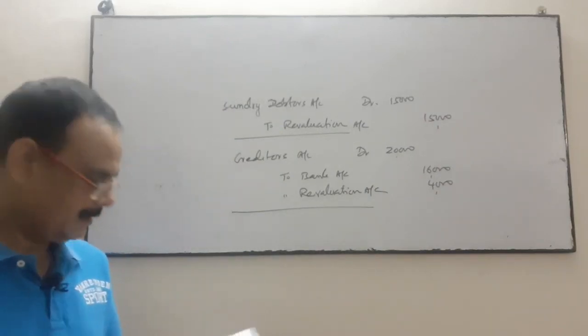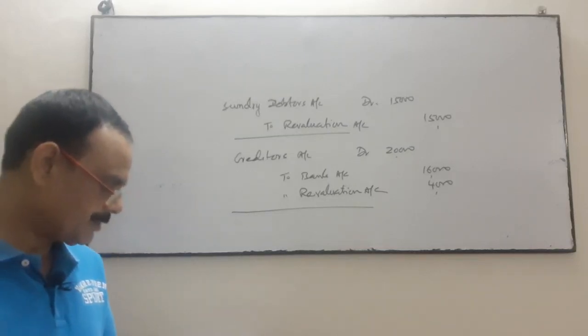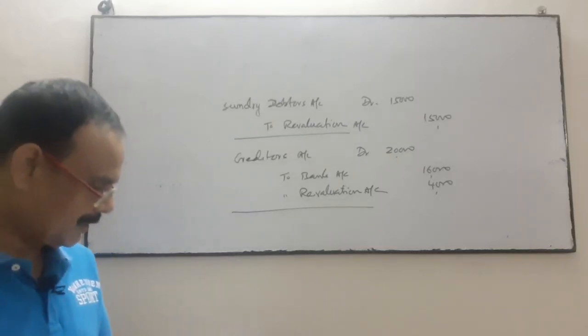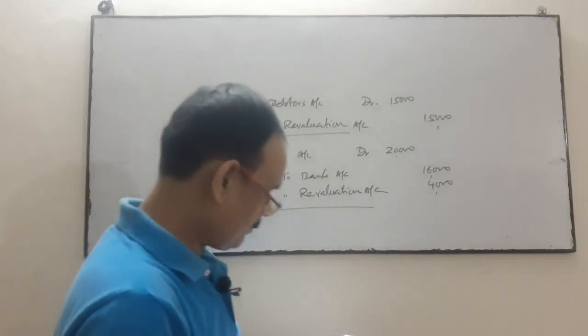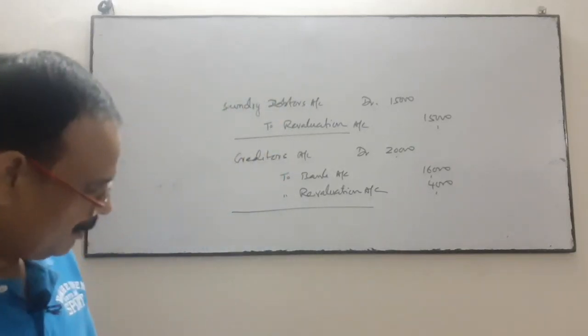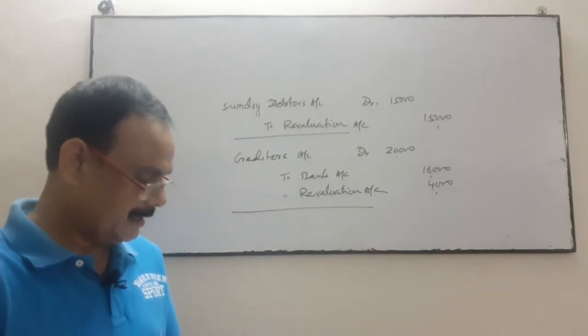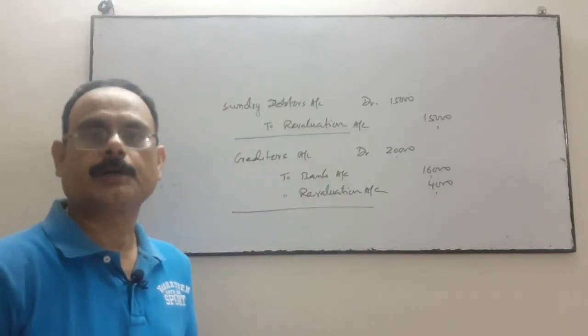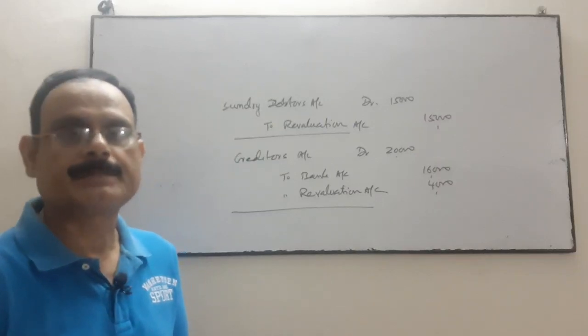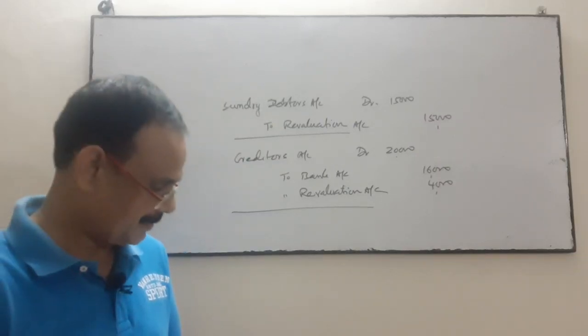The last one is a computer purchased on 1st October 2016 for 40,000 debited to office expense account. It means it was considered as a revenue expenditure instead of capital expenditure.